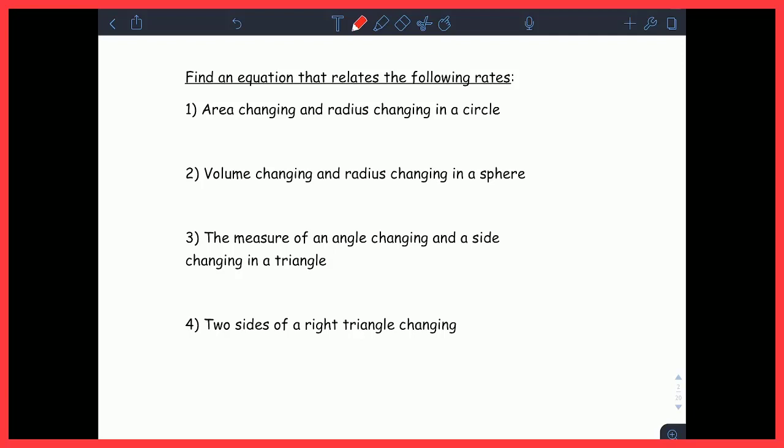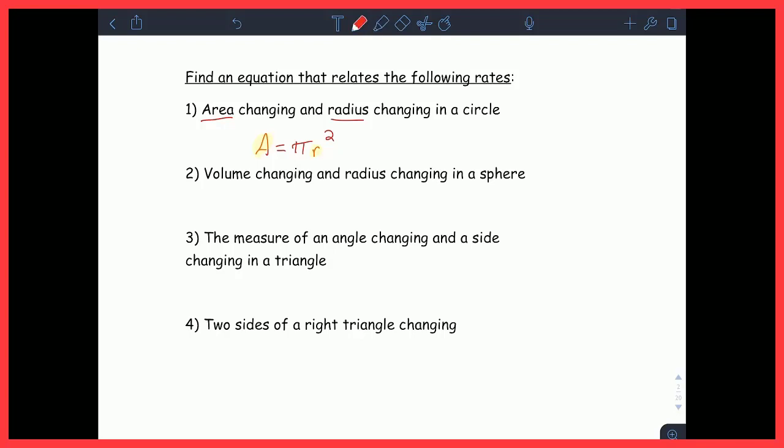The formula that contains both the area and the radius of a circle is very simply the area of a circle formula: area equals pi r squared. So both of those are contained in my one equation. I related those rates using one equation.